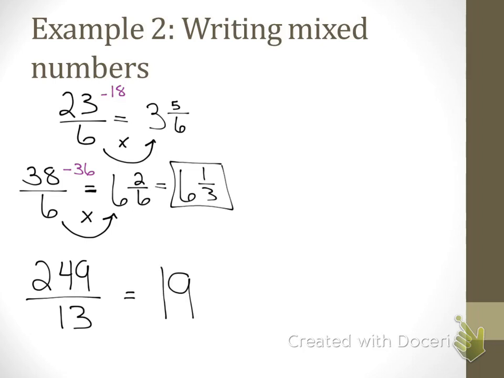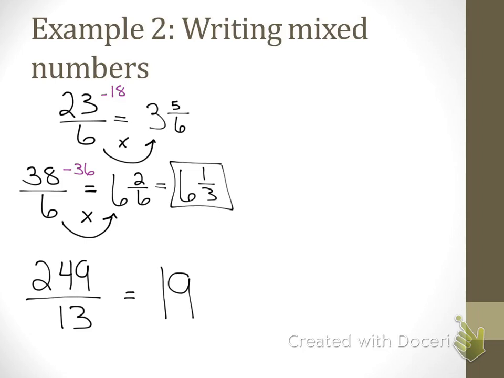Now, what did I do for the other two numbers that we've already worked? What did I do to get this number right here, 36 and 18? I was subtracting, but how did I come up with that number in the first place?